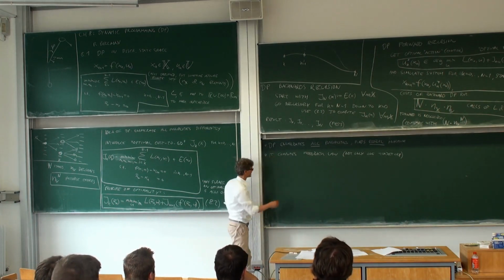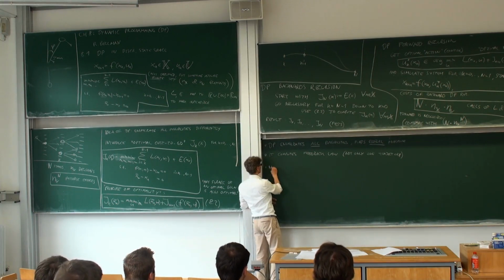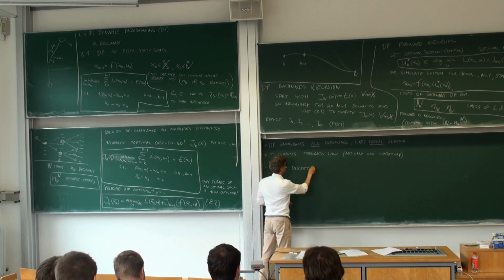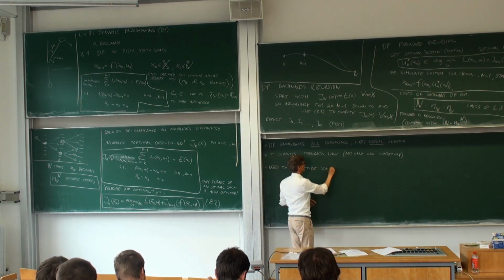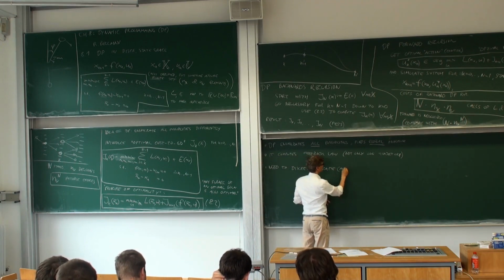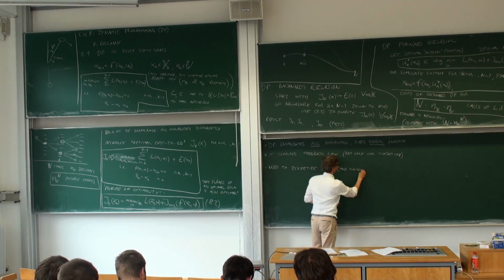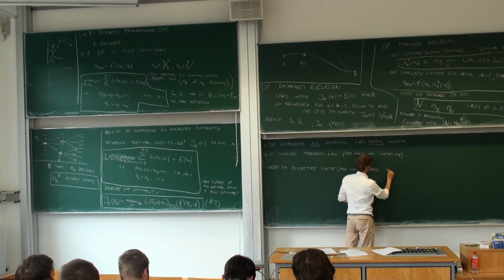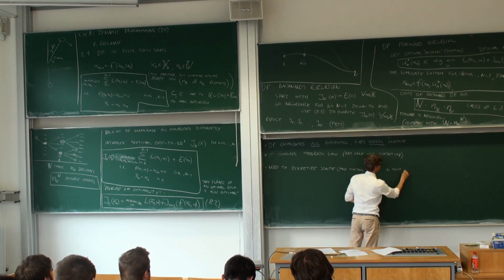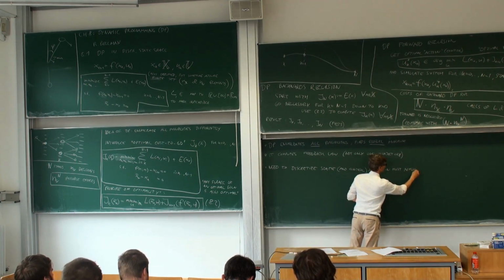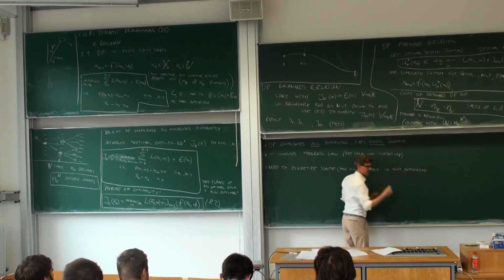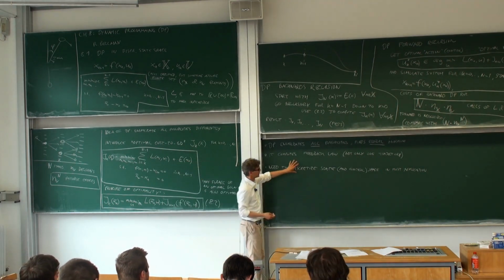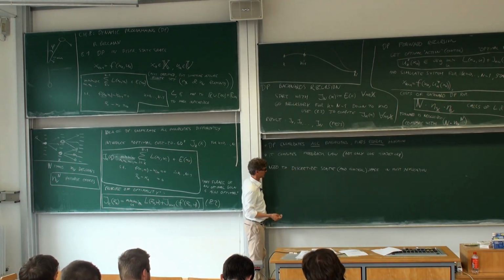So maybe I just say it: we need to discretize state and control space in most applications. If you're lucky and you are playing chess or some computer games, you might be working in discrete state spaces, but if you're in R^n, then you have a problem, right?